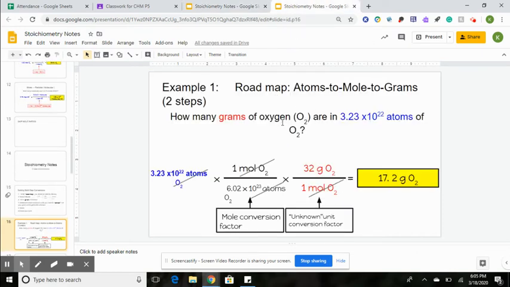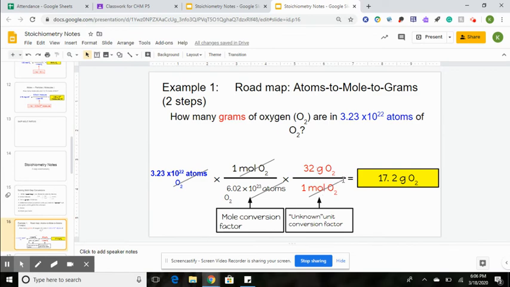So I've got to figure out how many grams is in 1 mole of O2. Well, O2 is a diatomic molecule, meaning I have 2 oxygen atoms within that molecule. If I go to a periodic table, I know that 1 mole of oxygen is 16 grams. Periodic table tells me that. So 2 moles would have to be 32 grams. So for every mole of O2, there is 32 grams.